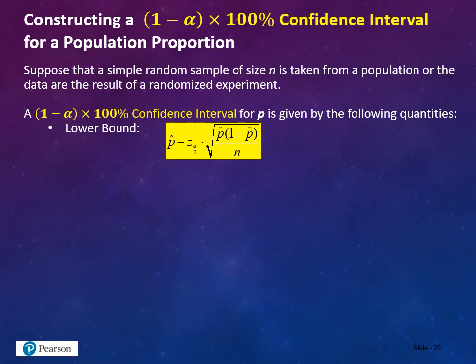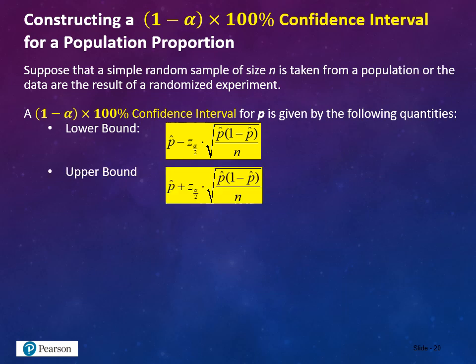The lower bound is p hat minus the critical value, z sub alpha over 2, times the square root of p hat times 1 minus p hat over n. And the upper bound is that same formula, but instead of a difference, it's of course addition.